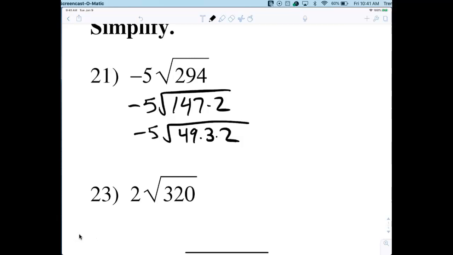Does everybody understand that? These are just old problems that you're supposed to remember. Is everybody hearing me? So now, what is the square root of 49? What's in front? So the answer is negative 35 radical. What's left behind? 3 times 2, which is 6. That's the answer.